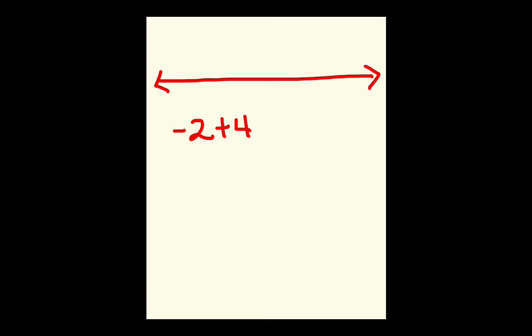Okay, if I start at -2, and I add 4 units to that in a positive direction, because it's a positive number, this is like my balloon starting at -2, and I want to go 4 units in a positive direction, 1, 2, 3, 4, okay, plus 4, I land at 2, so that equals 2.